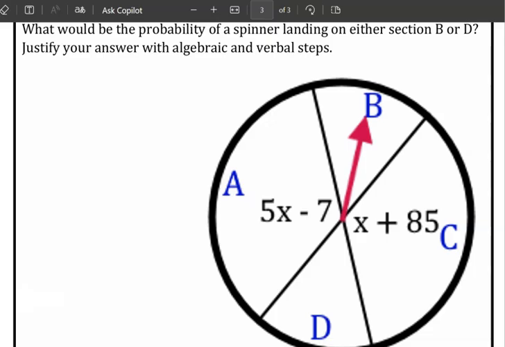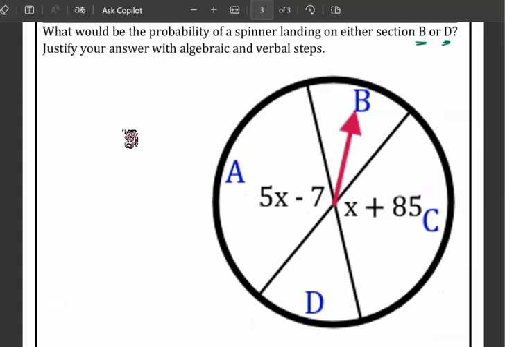Let's look at the last one. What would be the probability of a spinner landing on either section B or D? Justify your answer with algebraic and verbal steps. All right, first of all, let's solve for what the value of x is. 5x minus 7 equals x plus 85.